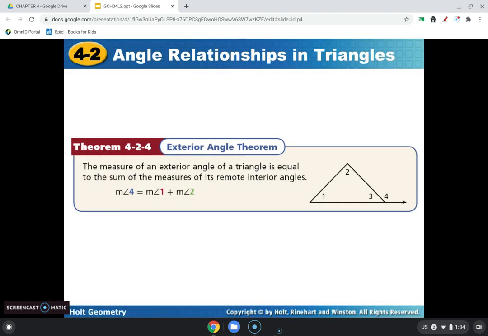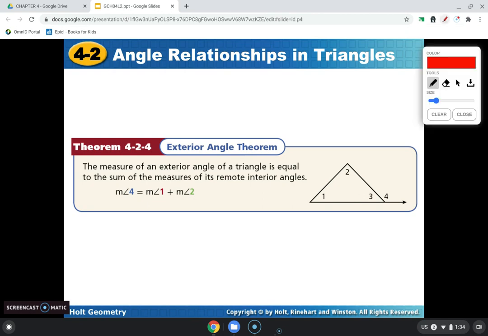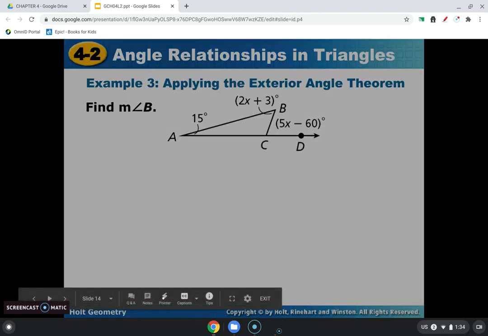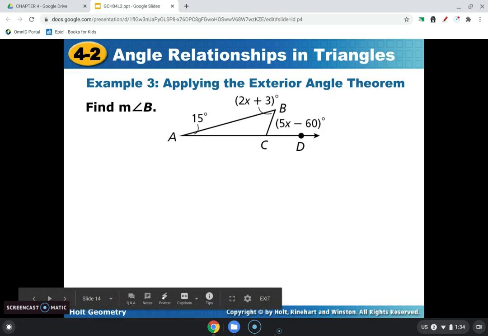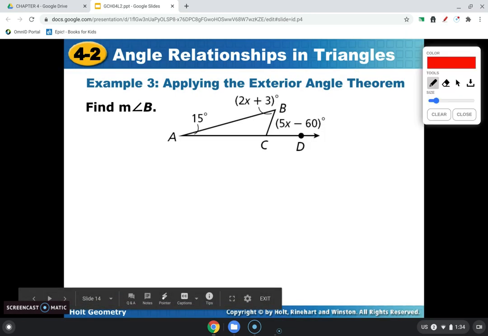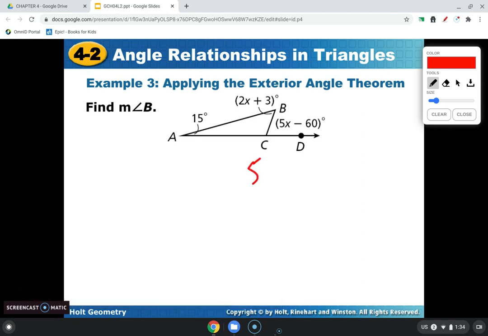So the exterior angle theorem states the exterior is equal to the sum of the remote interior angles. So 4 is equal to 1 and 2. So if you wanted to find that, you would take the exterior, 5x minus 60, is equal to the sum of the remote interior.